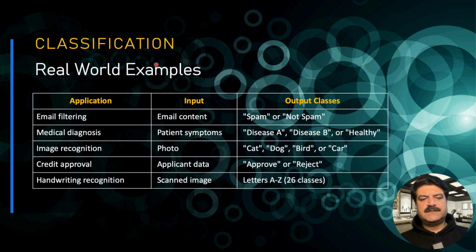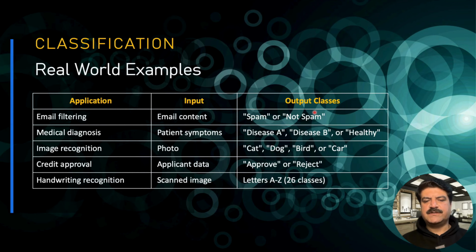Now, let's look at real world examples, and after this, we will have hands-on experience with Python code, which will use Google Colab or the Jupyter Notebook. So the first application of classification is email filtering. The input is the email content and the output will be either spam or not spam.